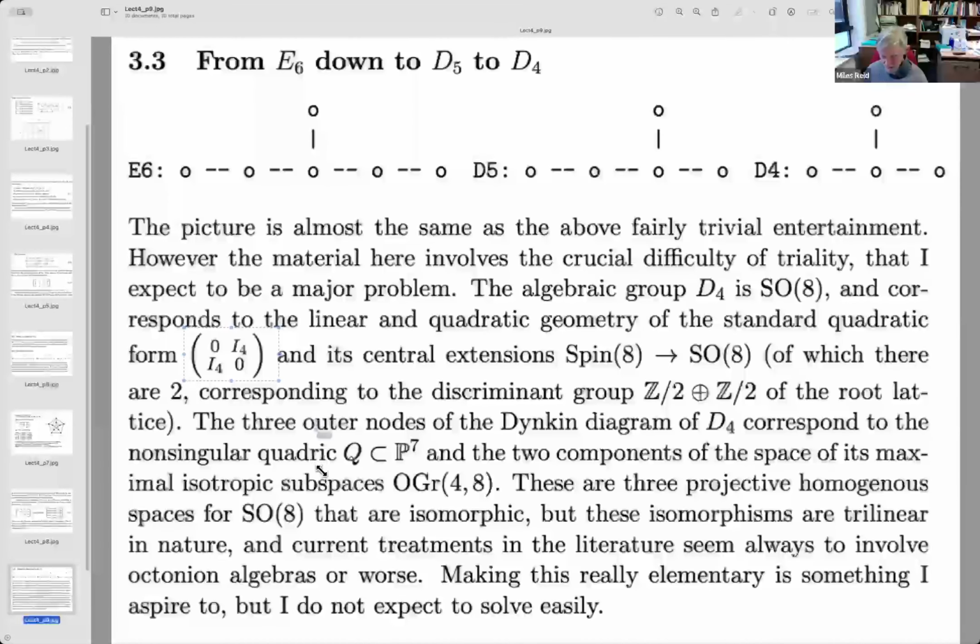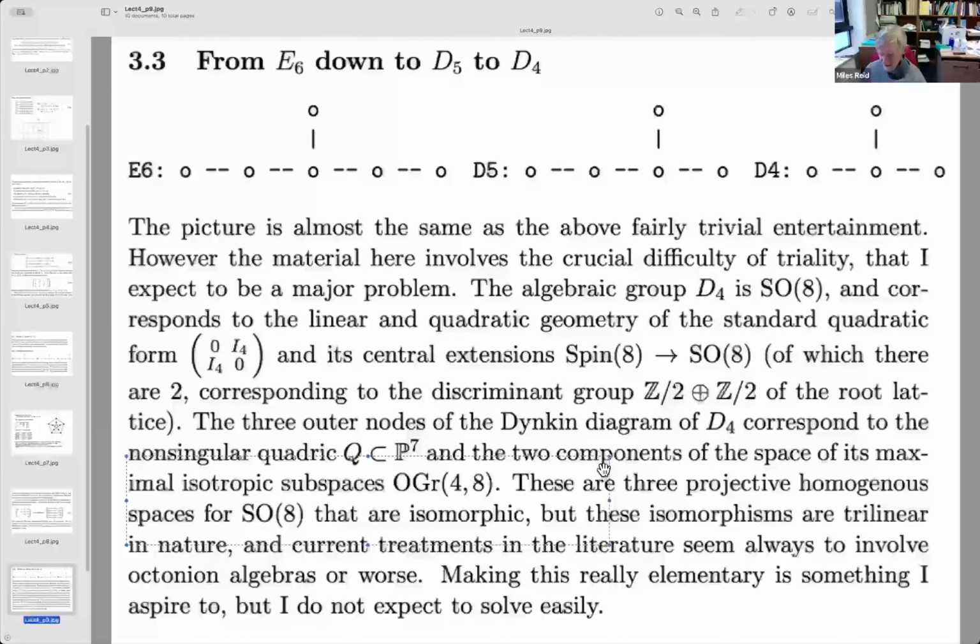So I have 3 varieties here, and all 3 of them are projective homogeneous spaces for SO8. They're isomorphic, but the isomorphisms are not linear.